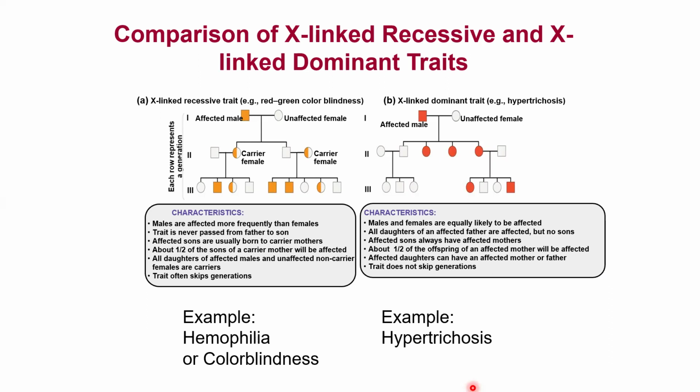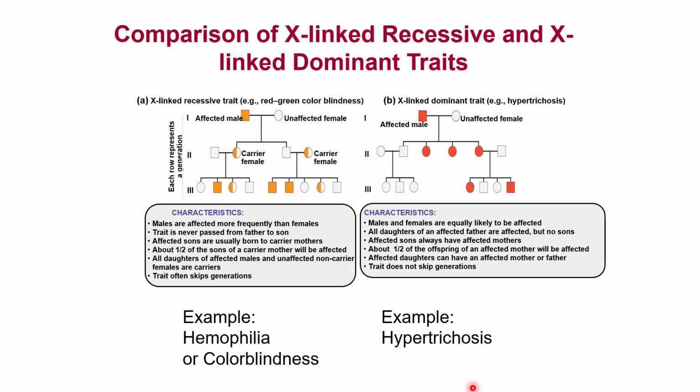With X-linked recessive, the trait is never passed from father to son, but in X-linked dominant, the daughters are affected, but no sons. And then in X-linked recessive, the affected sons are usually born from carrier mothers. The affected sons always have an affected mother. In X-linked dominant, about half the sons of a carrier mother will be affected.